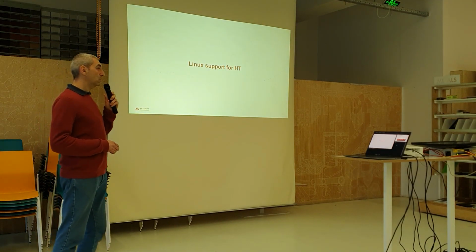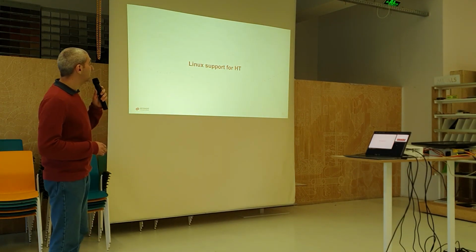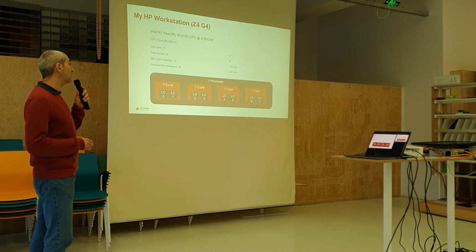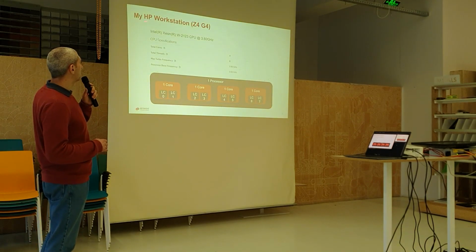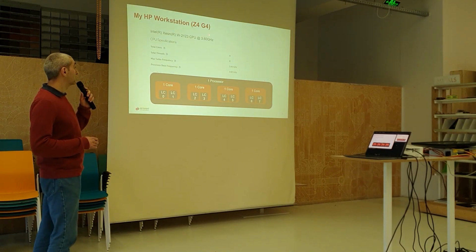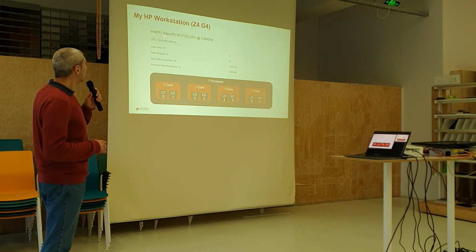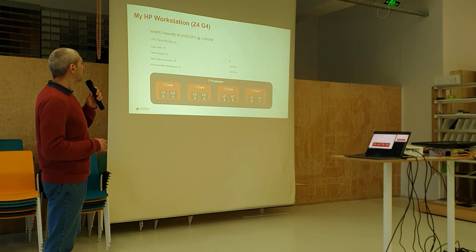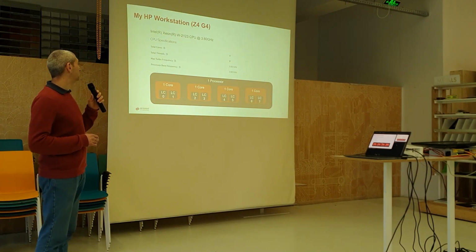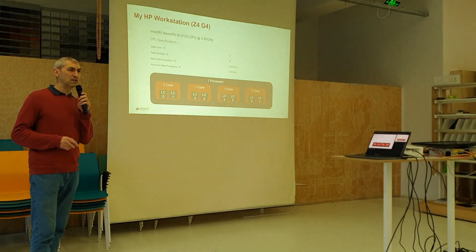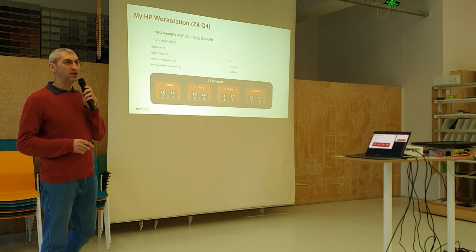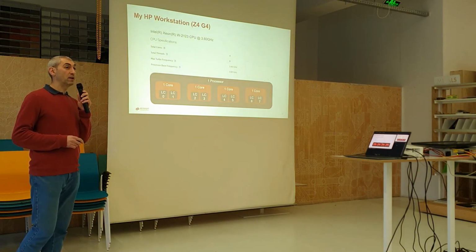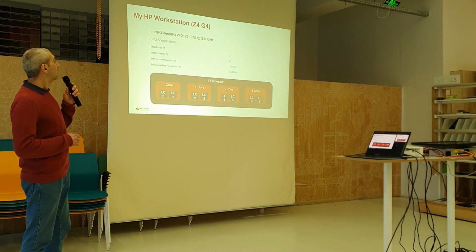Okay, now let's have a look at how Linux has support for hyperthreading. I made this test on my HP workstation. It's a Z4 Generation 4 server. It has a Xeon, and this Xeon naming is a bit confusing. Even from the late 90s, Intel branded their Xeon processors as Xeon, and they still do in the present.